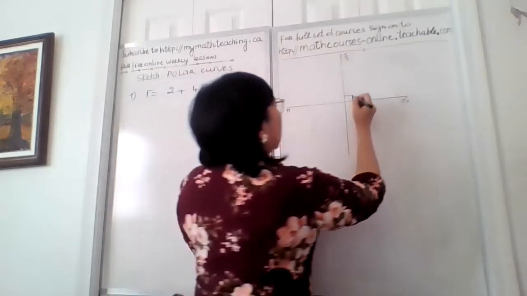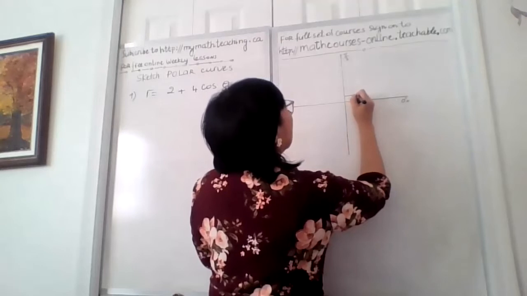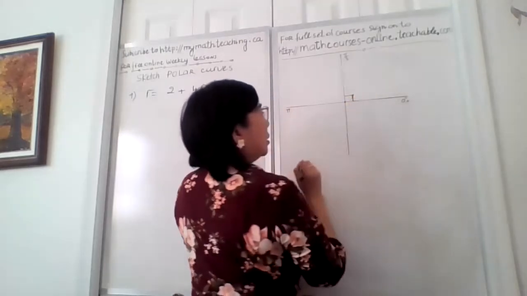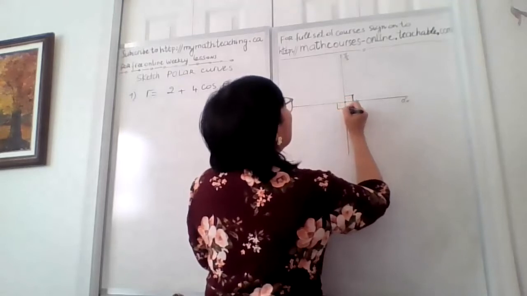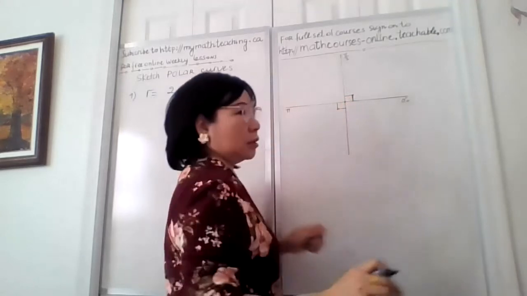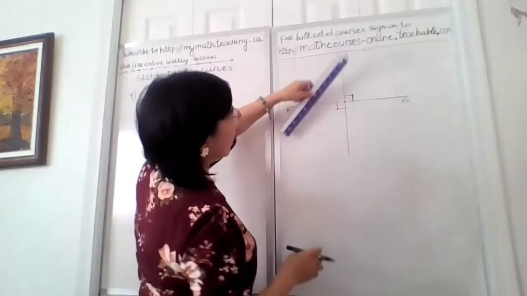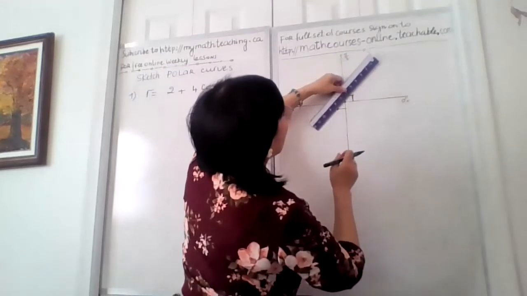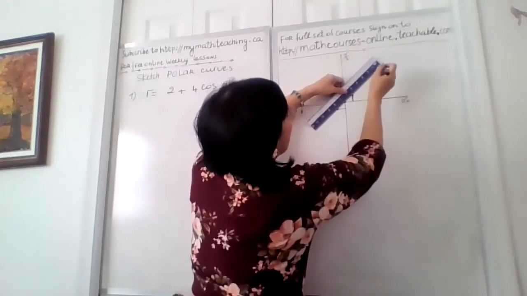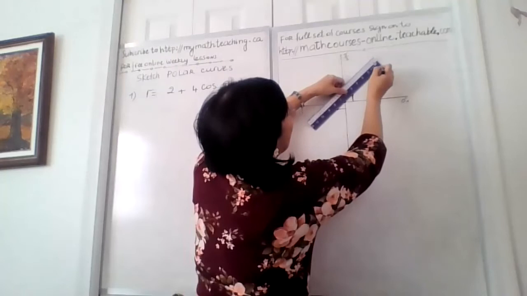So if we divide this by half again, I'm going to mark the dot here, and I'm going to draw another square down here and another dot here, so that I can draw a line going through this, dividing this by half, right? So this line will divide this by half.